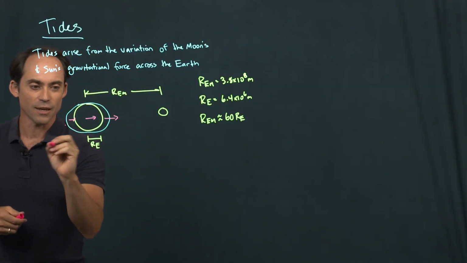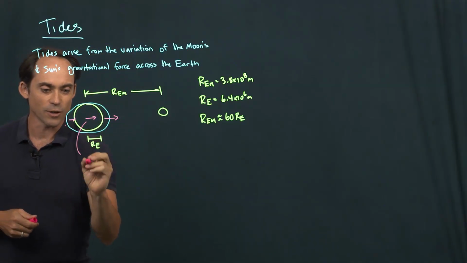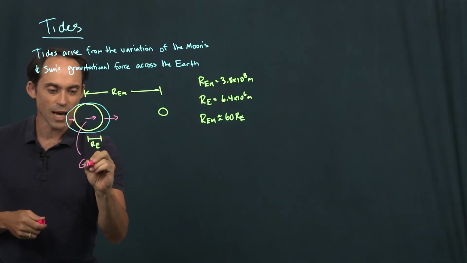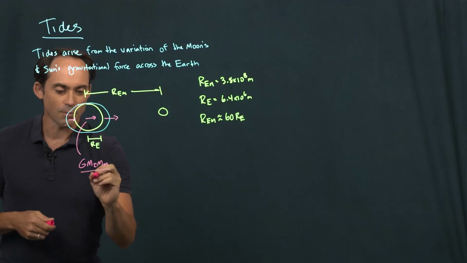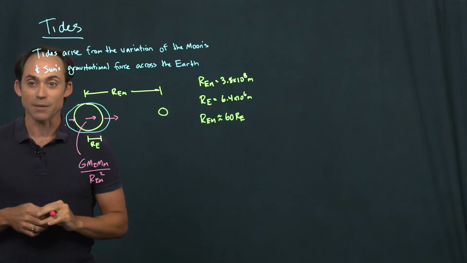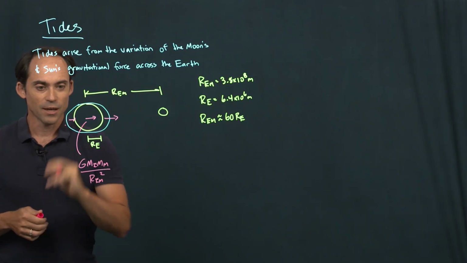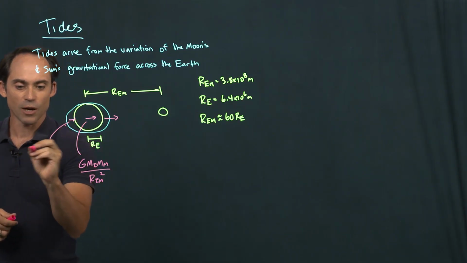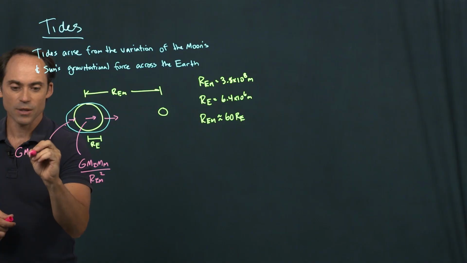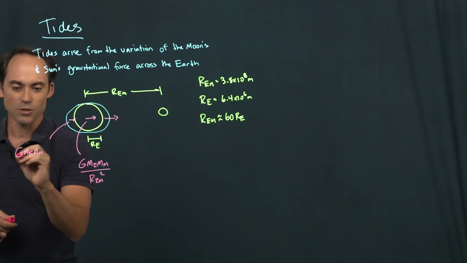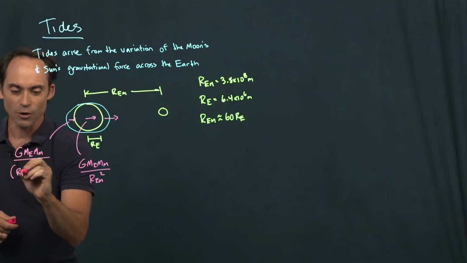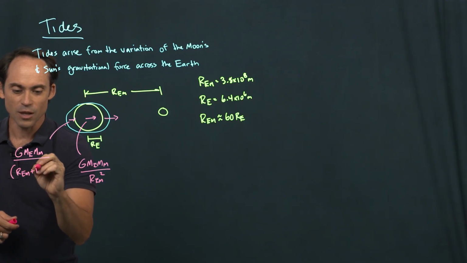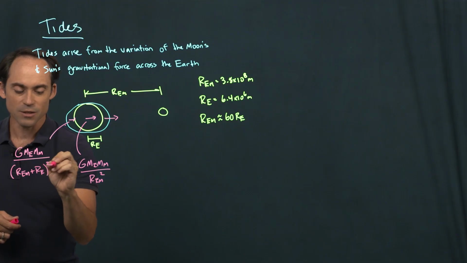Let's take the center one first. That's just going to be G times the mass of the Earth times the mass of the moon divided by this Earth-Moon distance squared, just looking at the magnitudes of the forces. Over here, we are a little bit further away, so the force is G M_Earth M_moon over the Earth-Moon distance plus the radius of the Earth.